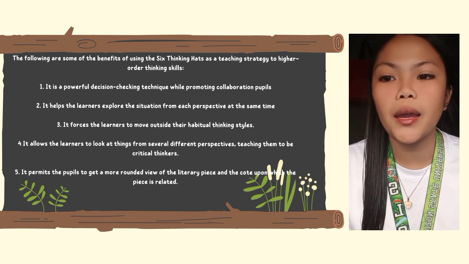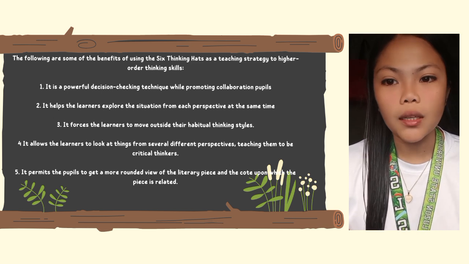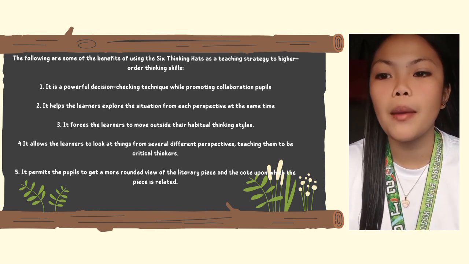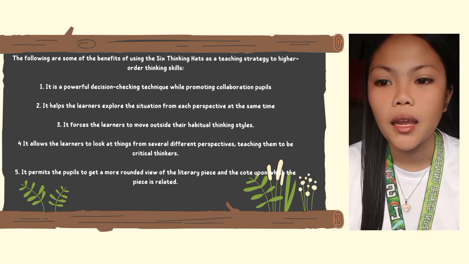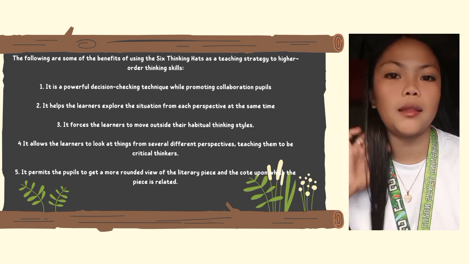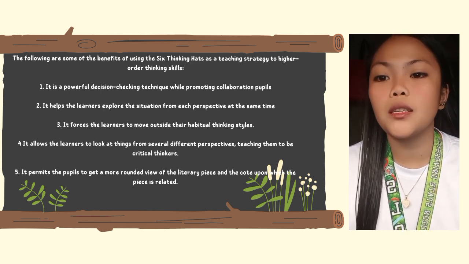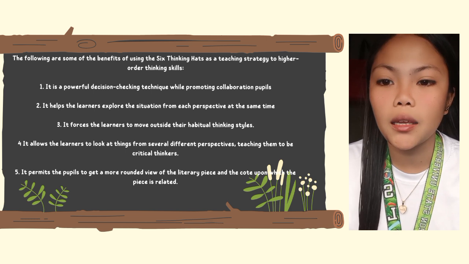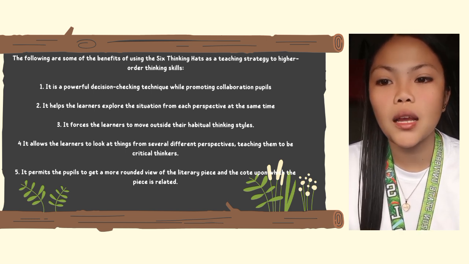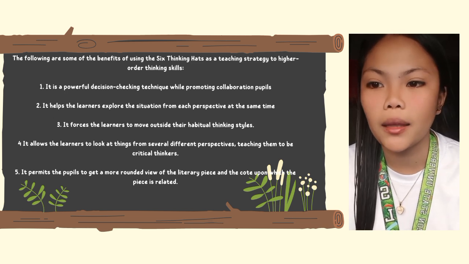And the last one is that by encouraging learners to consider multiple viewpoints, the six thinking hats method helps them develop critical thinking skills, enabling them to analyze and evaluate information effectively.